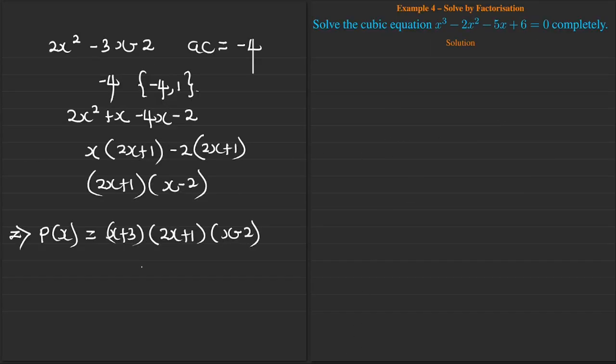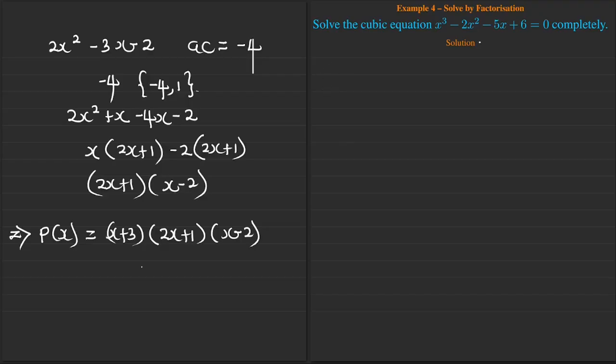So looking at our fourth example we have here, it says solve by factorization. We have the cubic equation x cubed minus 2x squared minus 5x plus 6 is equal to 0. We should solve it completely. This time around, it is equal to 0. So how do we go about it?